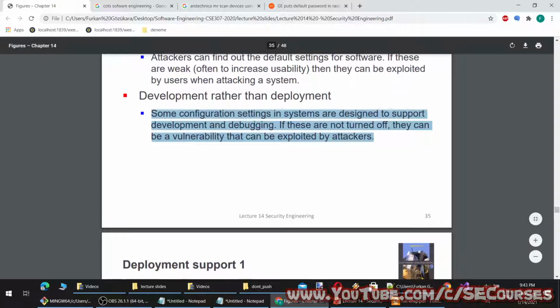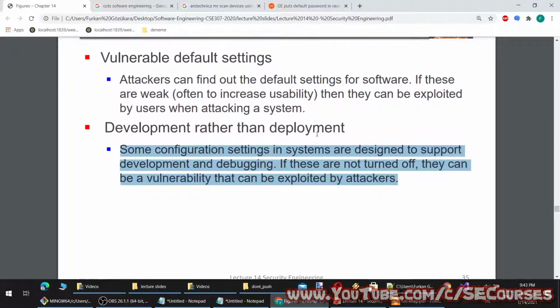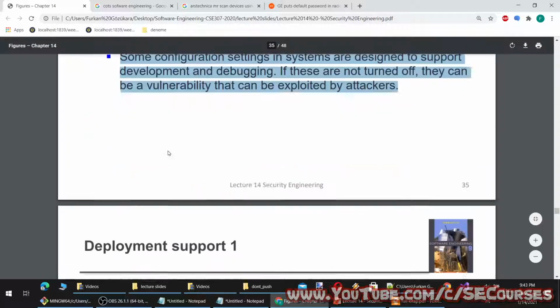For example, when developing software, it displays all the errors in detail. So if you deploy your system with that configuration, the attackers may cause unhandled exceptions to see, let's say, important data related to your system, and this is a vulnerability.